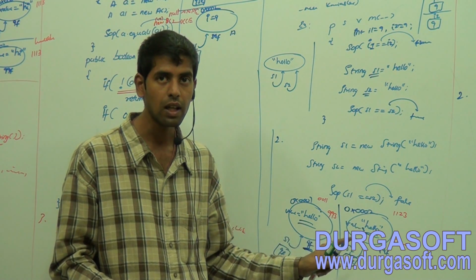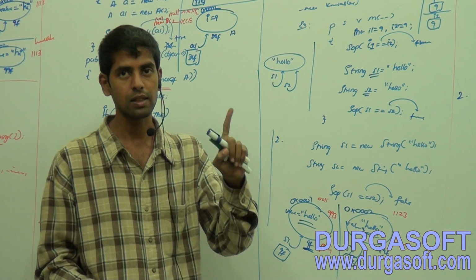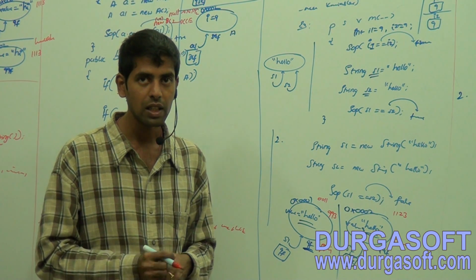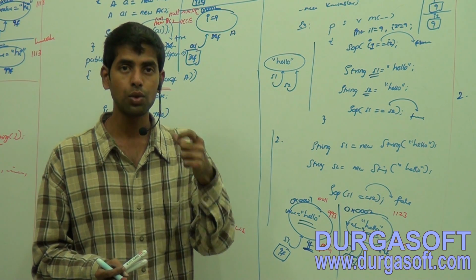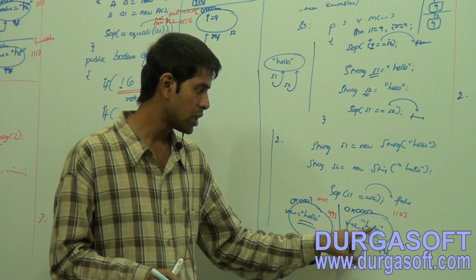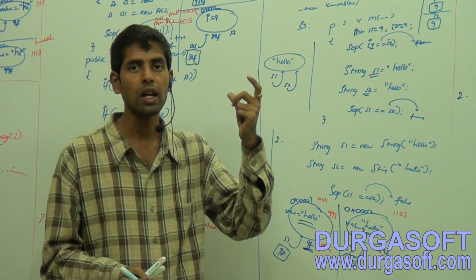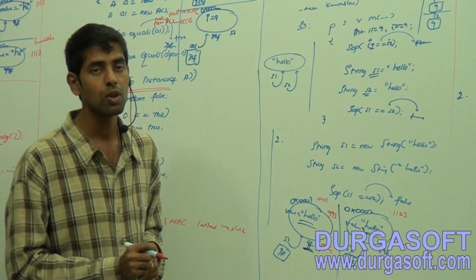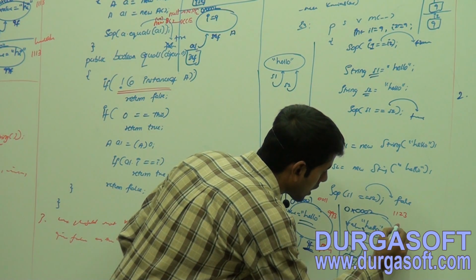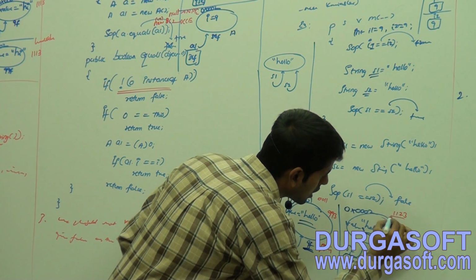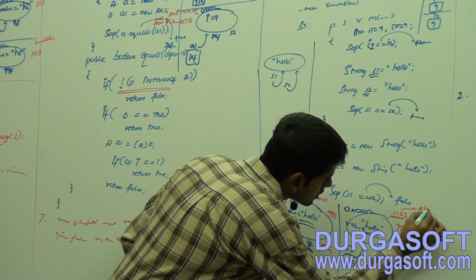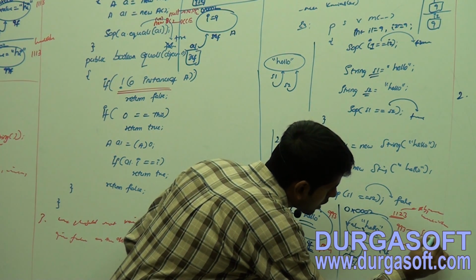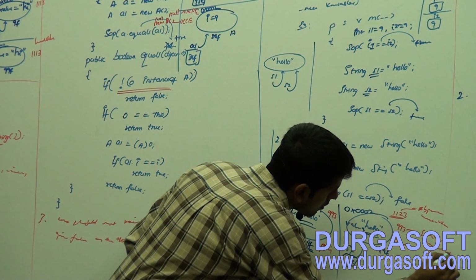So even here the hash code will be the same, because the hash code method implementation within the string class uses this object data to generate the hash code. So both objects' hash codes will be the same. Let it be 993. This one is generated by the object class hash code method, and this one by the string class hash code method.